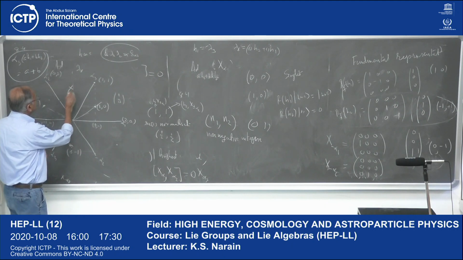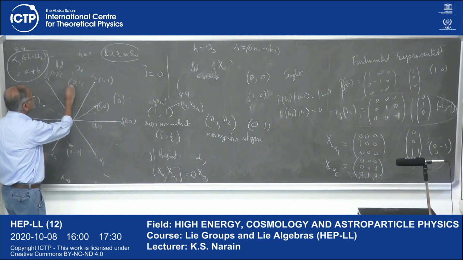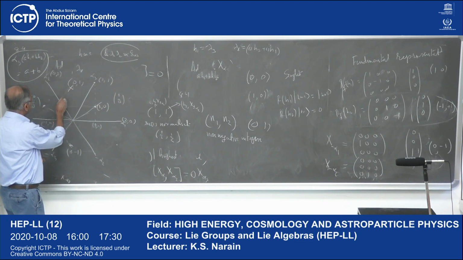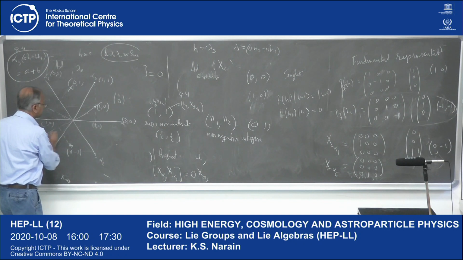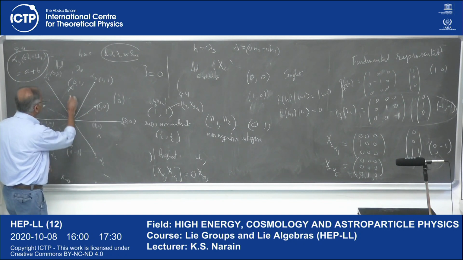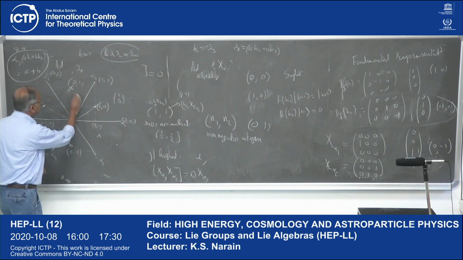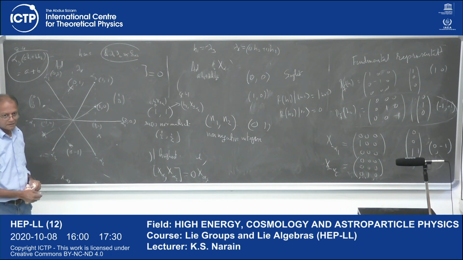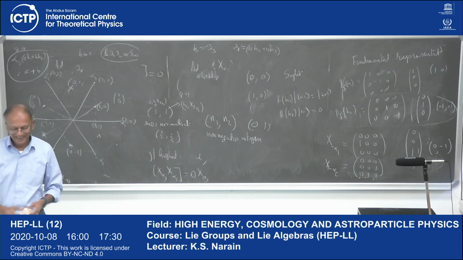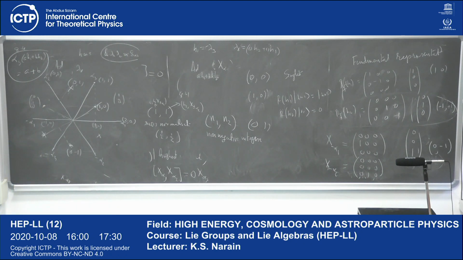Then you'll have a mirror image of this here and the mirror image of that. So this will be the representation given by 0, 1. Try that during the weekend to see.